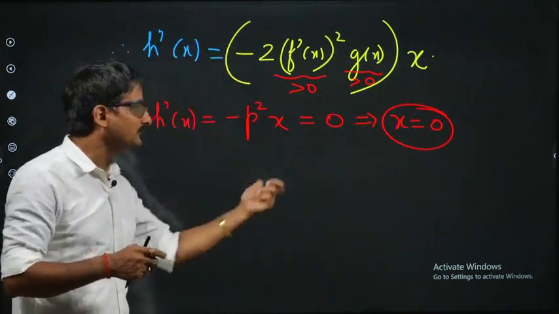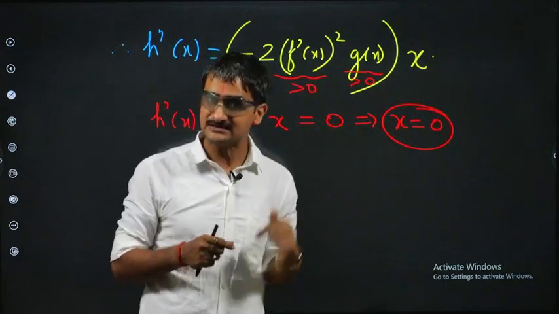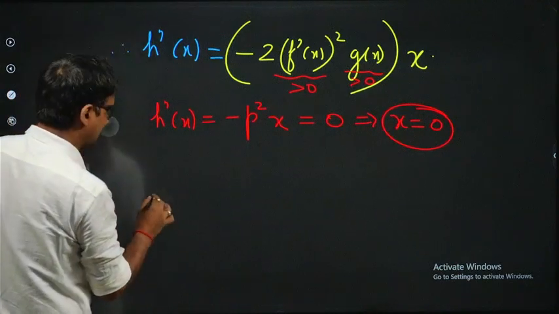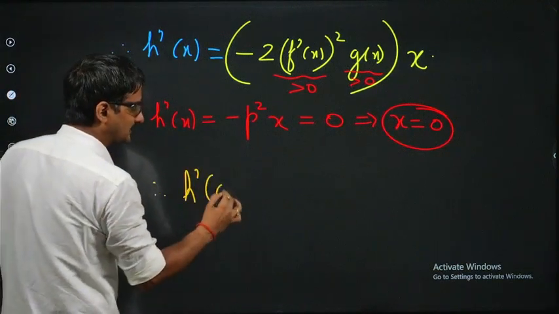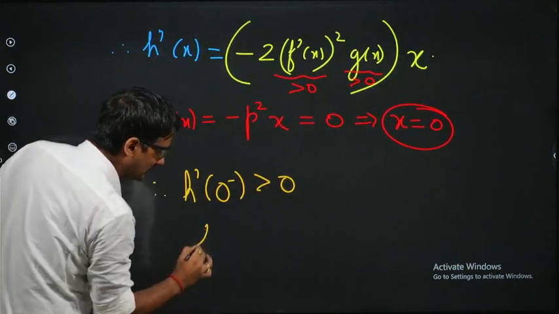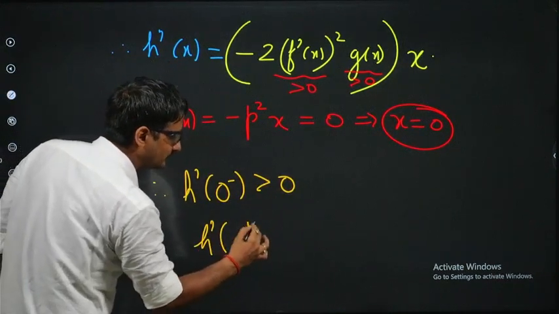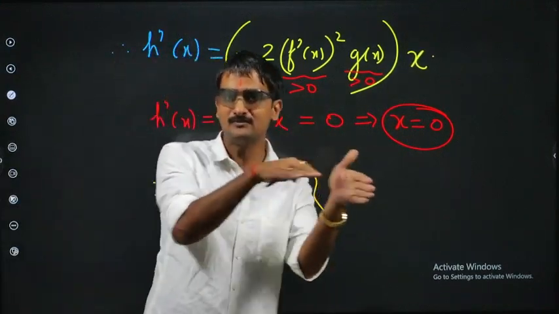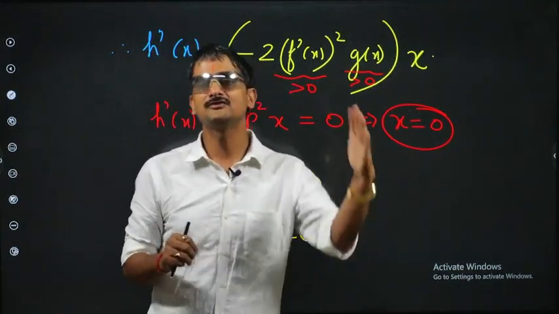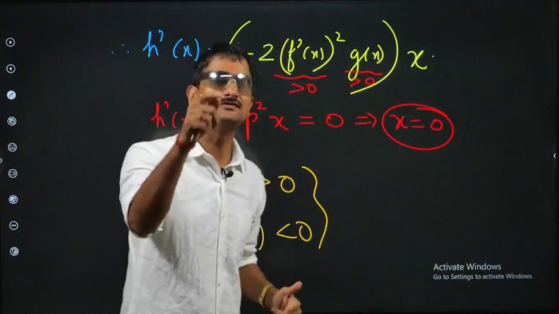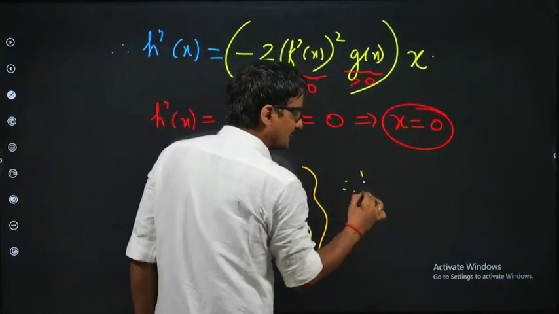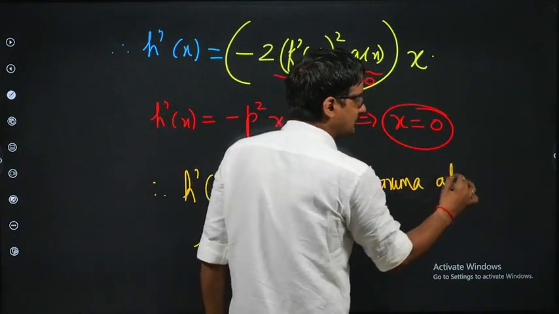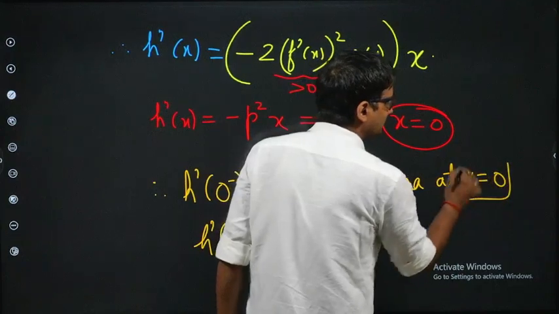When you are on the left side of 0, that means x is less than 0, h dash x is positive, and the derivative on the right side of 0 is negative. So the sign is changing from positive to negative while moving from left to right, hence we will get maxima. Therefore maxima will occur at x equal to 0 here.